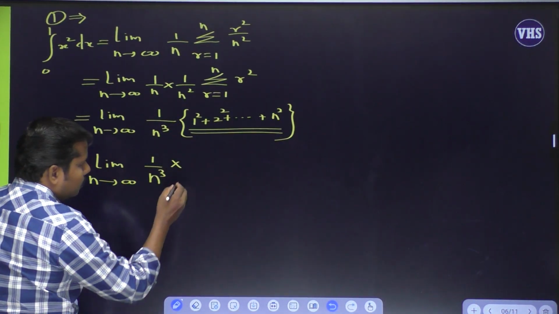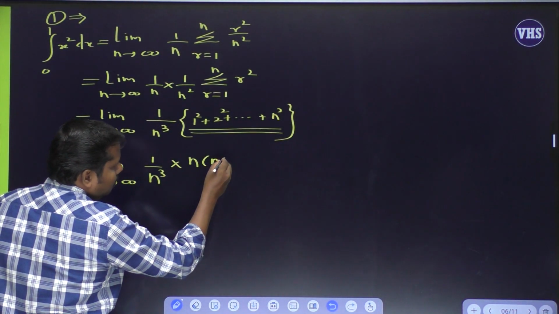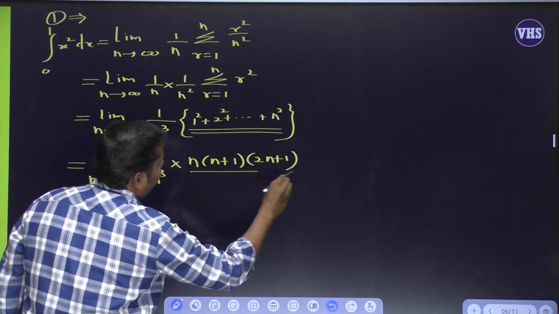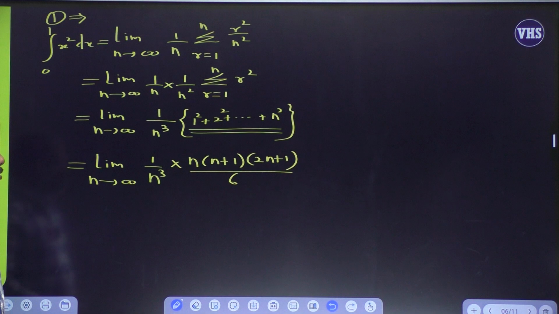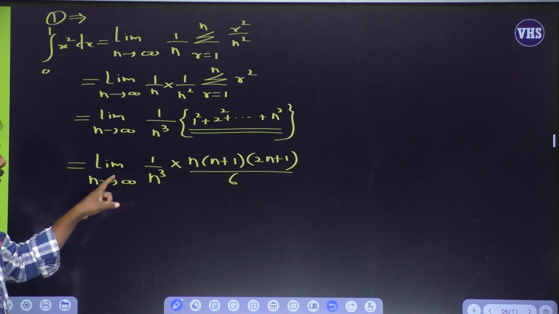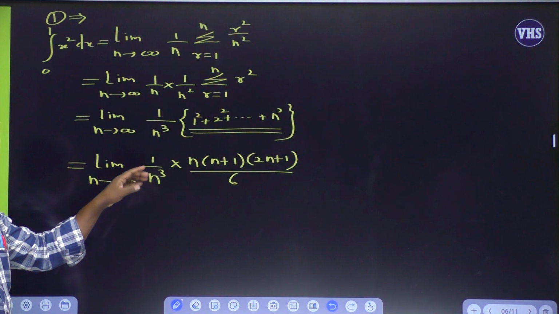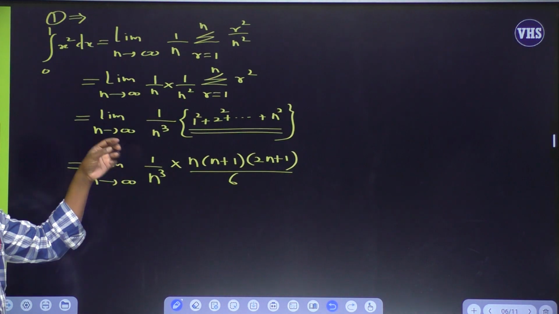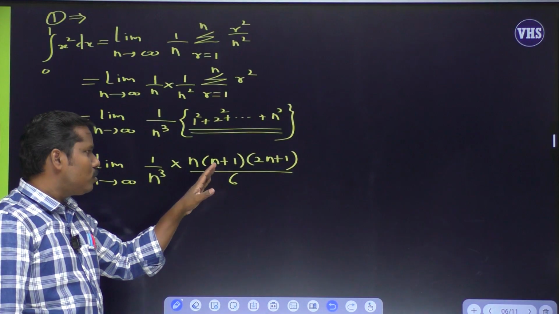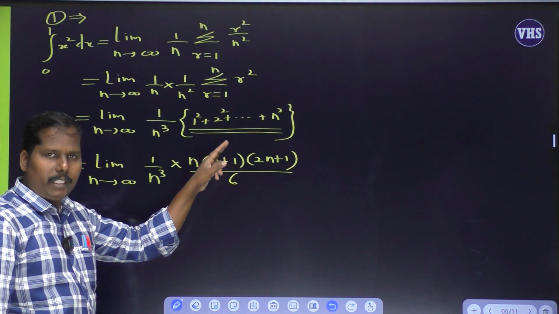So let us substitute that formula here. You are getting n into n plus 1 into 2n plus 1, whole divided by 6. Students, don't substitute n equal to infinity. I strongly told that whenever you have n in the denominator, please don't go for substitution, because you will get an infinity by infinity form. So we need to take n outside from each factor.